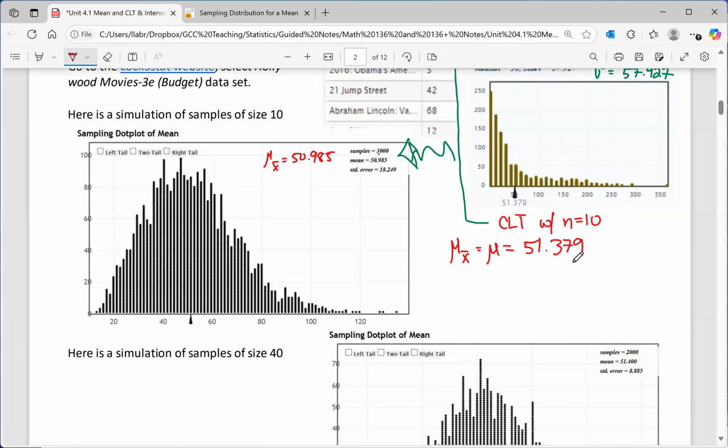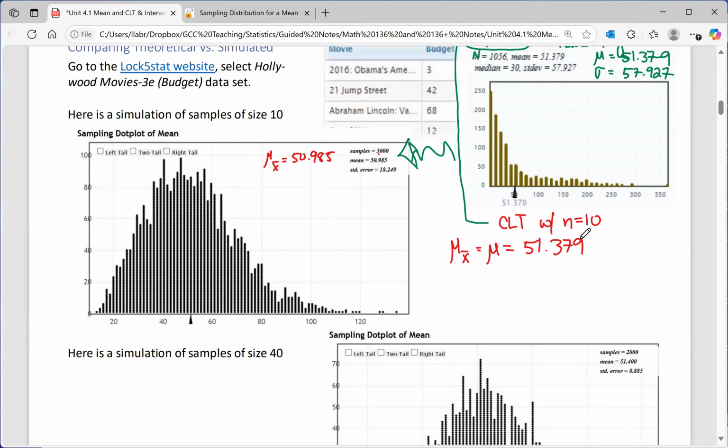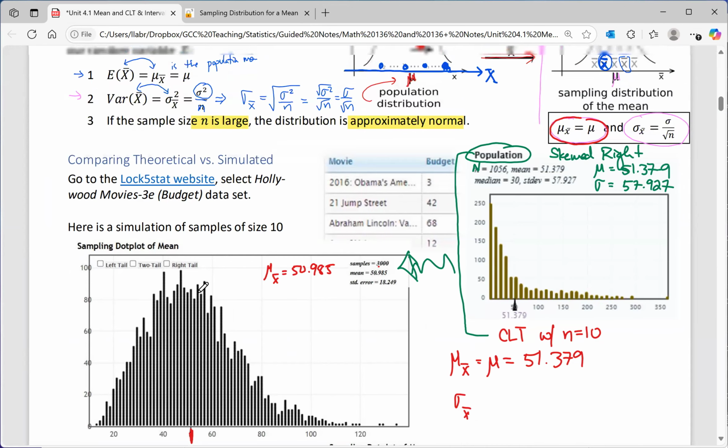So notice how that's very close to 51.379. And obviously it has to do with randomness, but I'm predicting how that randomness will behave. So I basically got a pretty good idea of what this center was going to be, even before doing this, because we are essentially invoking the central limit theorem.